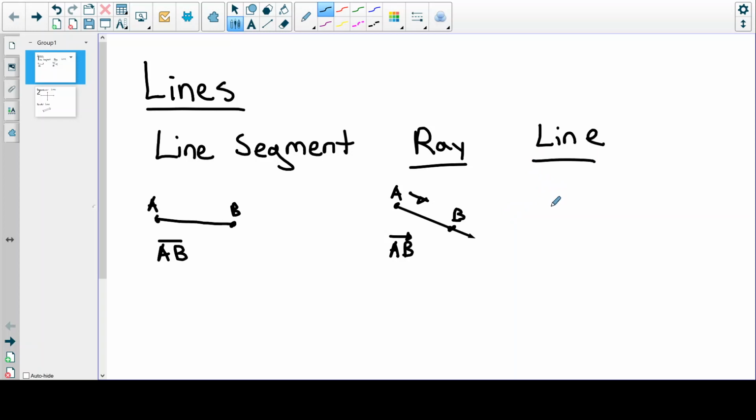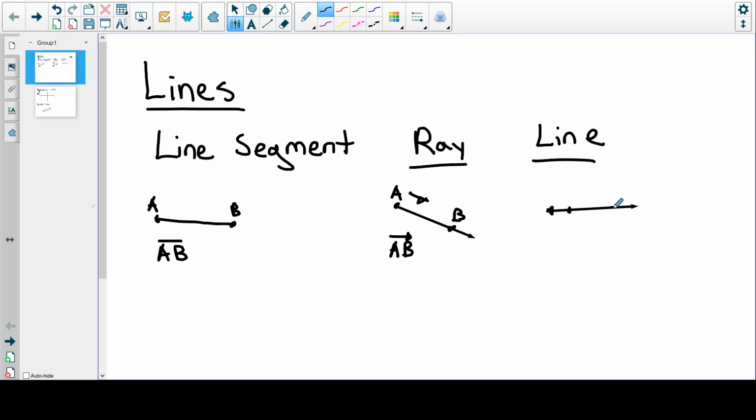Next and lastly is the line. Now you're probably like, what? I thought we covered line segment. But a line is infinite, like we talked about earlier, in both directions. So let me draw a line that also has an arrow on this side, indicating infinite in both directions.